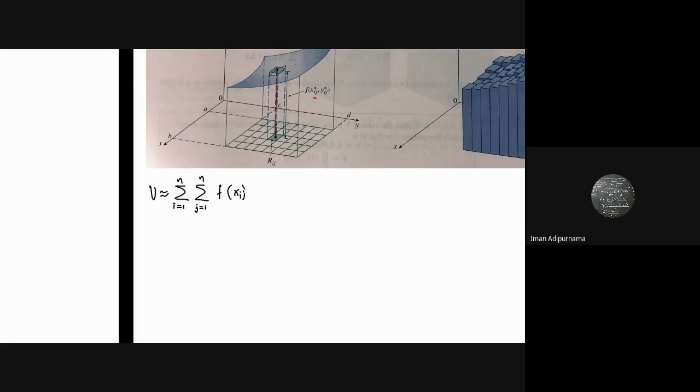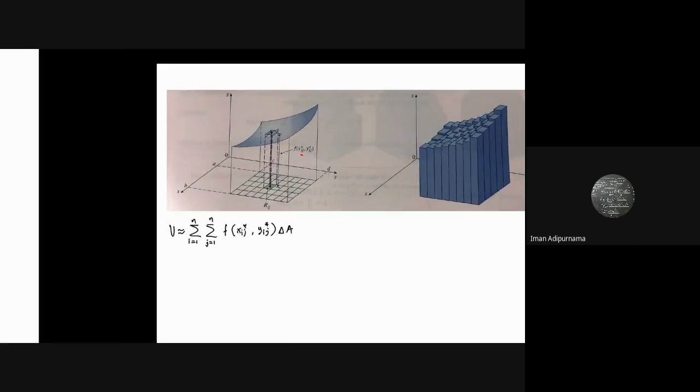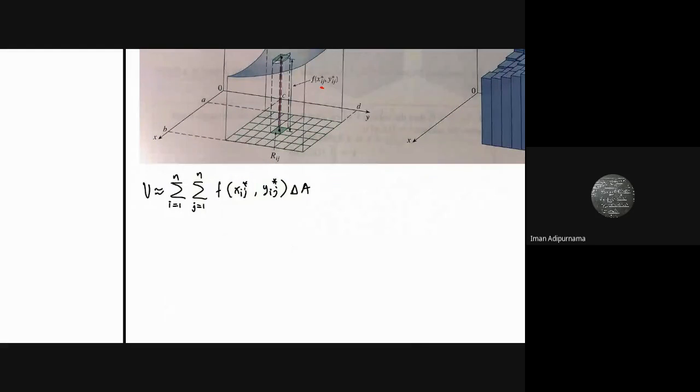So this will be the Z, and this will be the area, right?